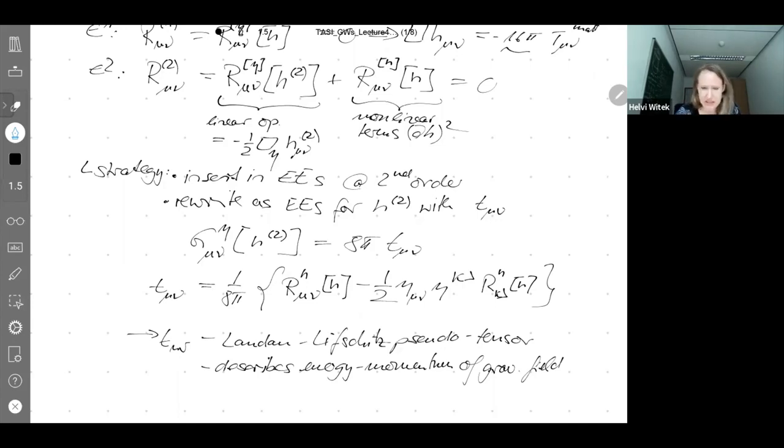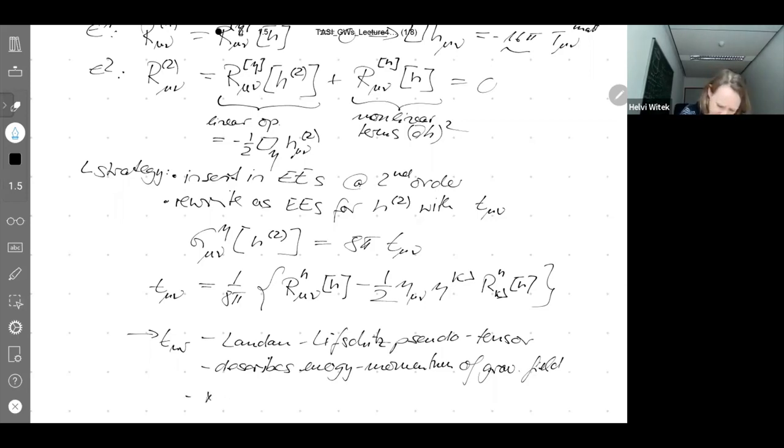So I wrote here pseudotensor, and the reason is that this T mu nu here is actually not gauge invariant, so it does not satisfy the transformation rules for a tensor, and you can check that at home. But if we average over several wavelengths, then the averaged quantity can be shown to be gauge invariant. Yeah, so maybe that as a last note.